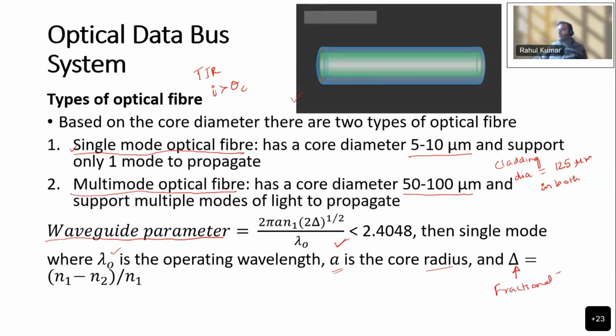If your waveguide parameter is less than 2.4048, then your optical fiber is single mode. And if it is greater than this value, it will be a multi-mode optical fiber.